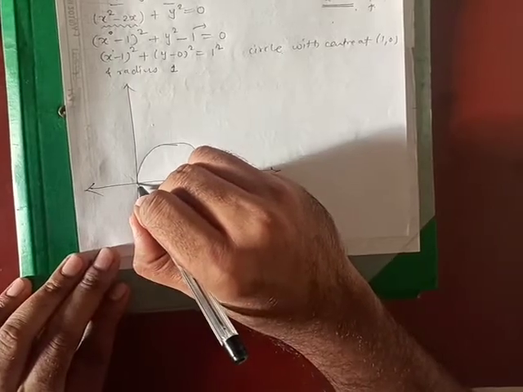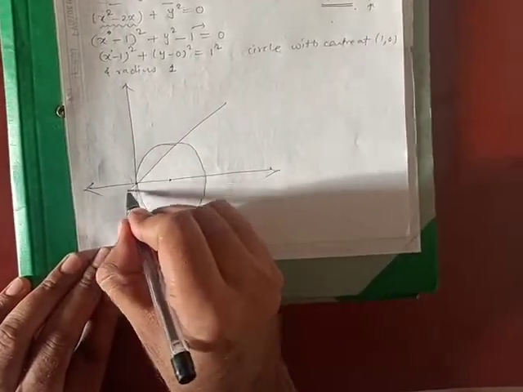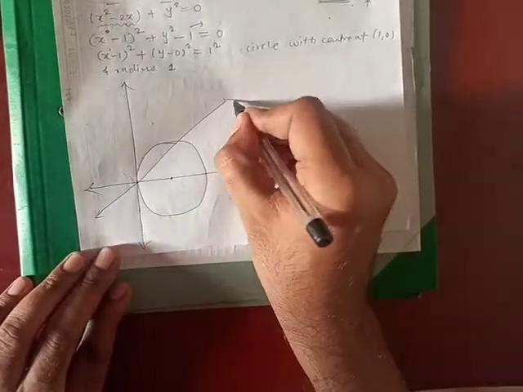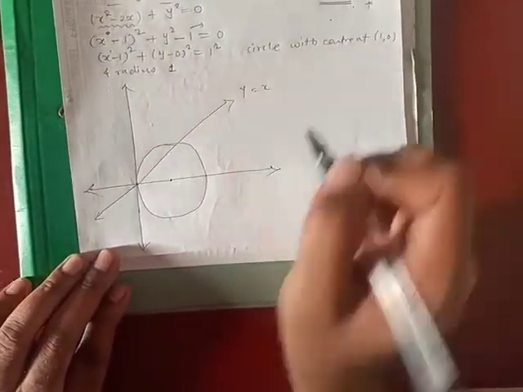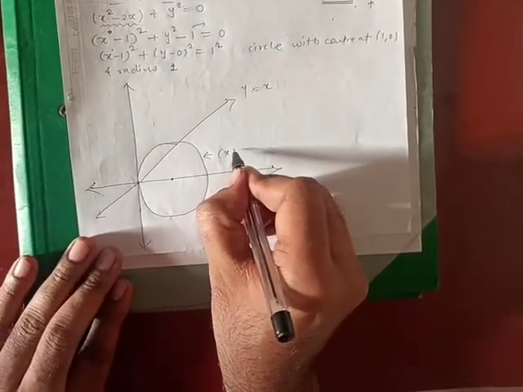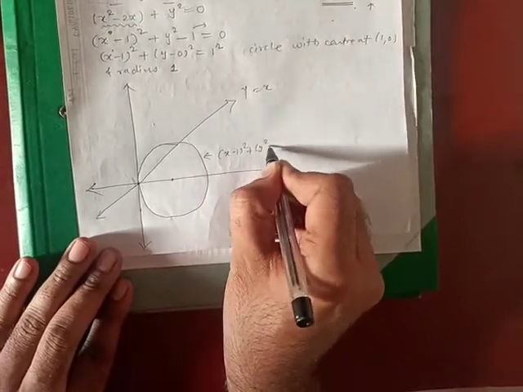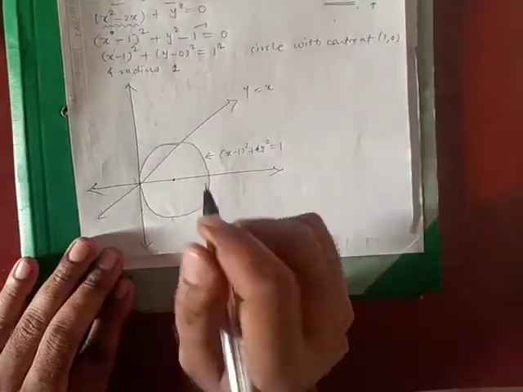Y is equal to x will be a line passing through the origin and making an angle 45 degree, right? Y is equal to x. This curve is x minus 1 whole square plus y square equal to 1, right?